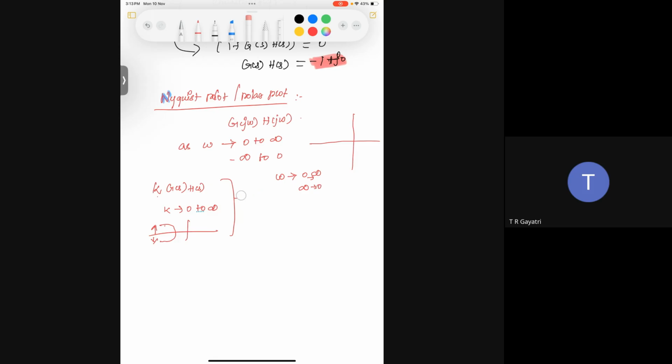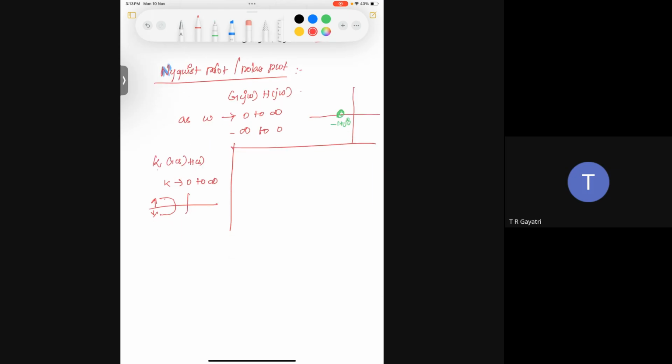And based on how this plot varies, we are going to fix our stability and the performance, and we are going to look carefully around this point, minus 1 plus or minus j omega. Okay. So this is going to be our goal in the Nyquist plot.